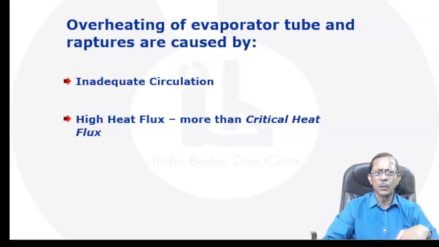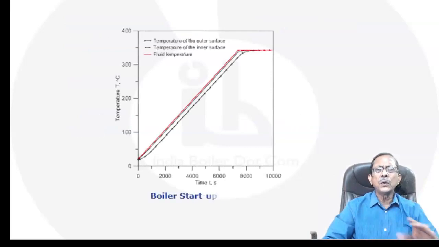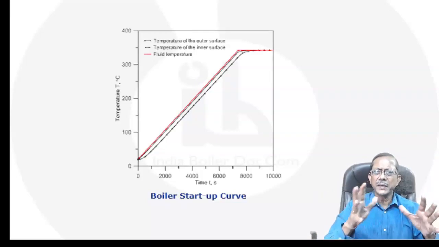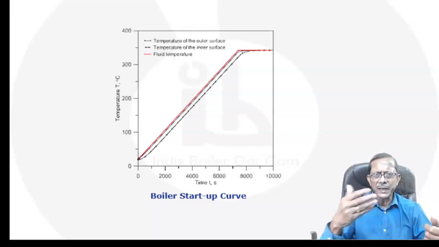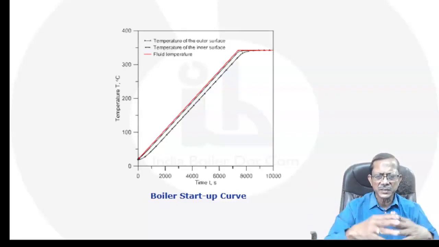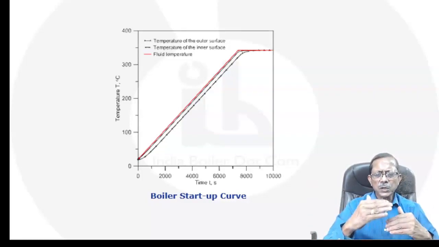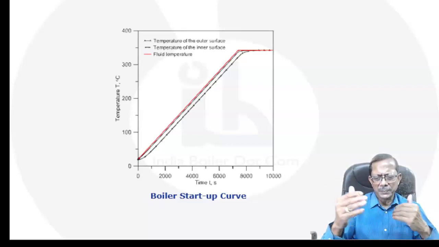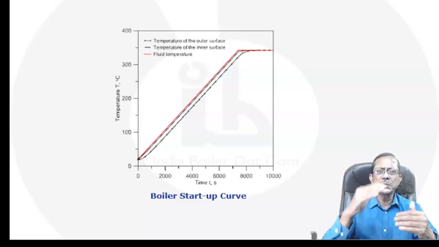We need not know. We need to just follow the OEM given boiler startup curve, because this has been created by the OEM and given to us with every boiler. It is basically a time versus temperature curve, time in seconds, temperature in degrees centigrade, showing at what time what temperature should be attained.